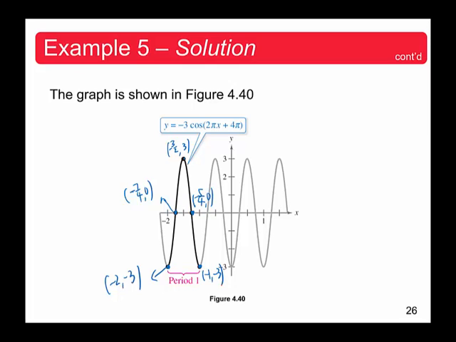And then you connect those 5 ordered pairs, extend it, and we get 1 period of this function, y equals negative 3 times cosine of 2 pi x plus 4 pi. And yeah, you can extend in both directions to get more periods or more cycles.